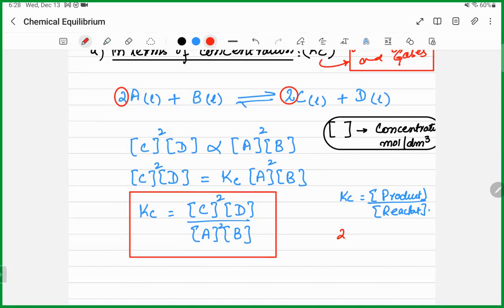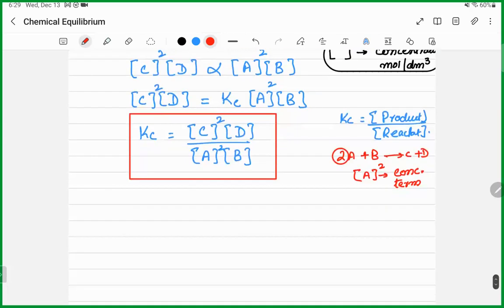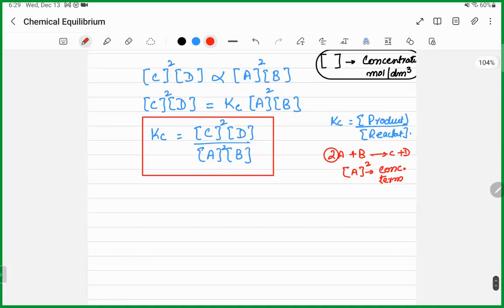So if here 2A plus B forming C plus D was written, and I write only the concentration of A, this is called concentration. But if I make the coefficient a power, it is called a concentration term. It means we are also considering the balanced chemical equation. Okay? So this is called a concentration term.